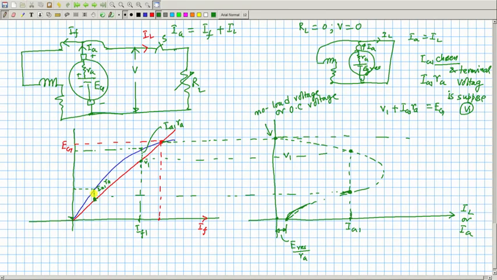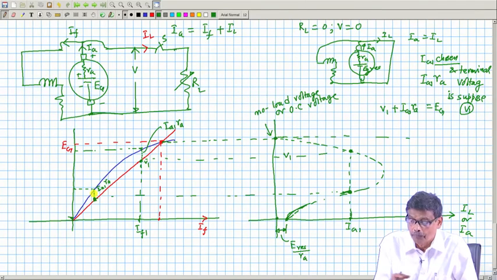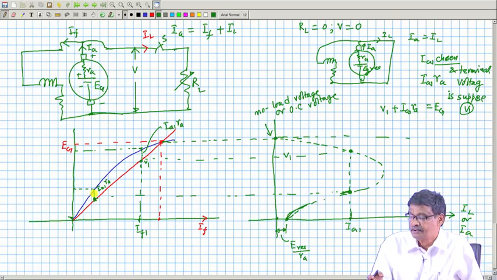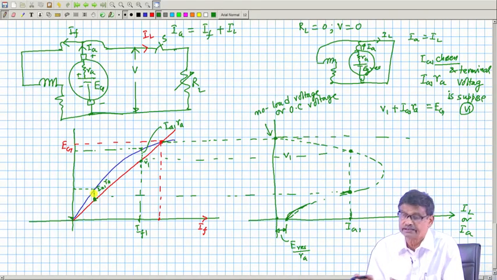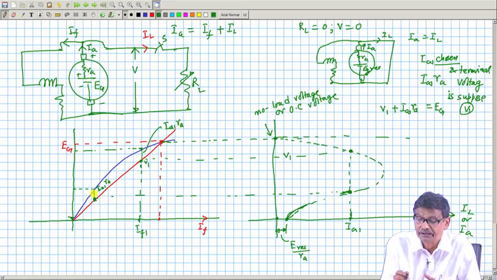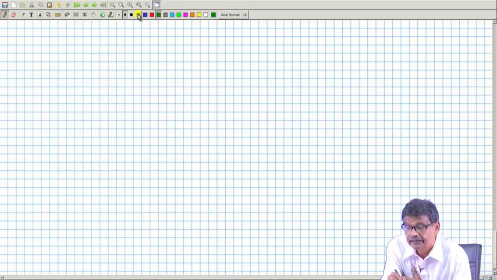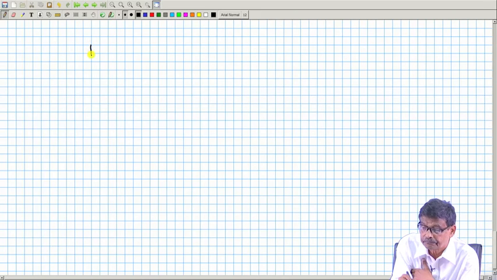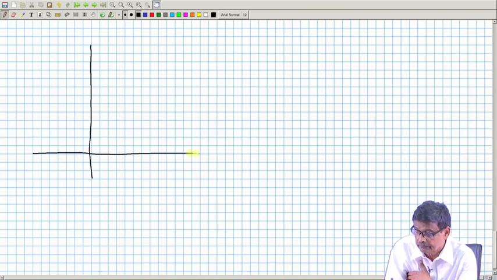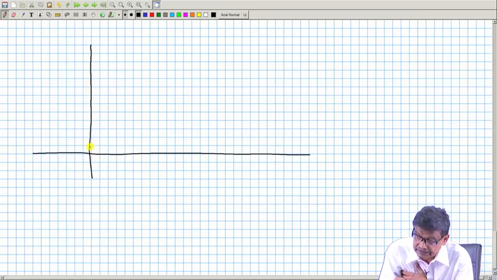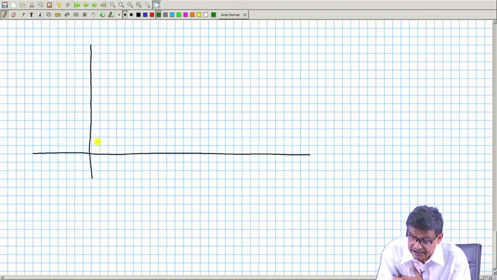So, after understanding this, I can now predict the load characteristics of the DC generator from the open circuit characteristics in this way. Suppose this is the VI characteristics, the OCC.